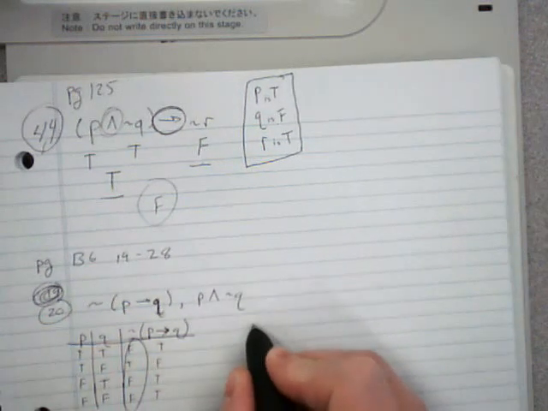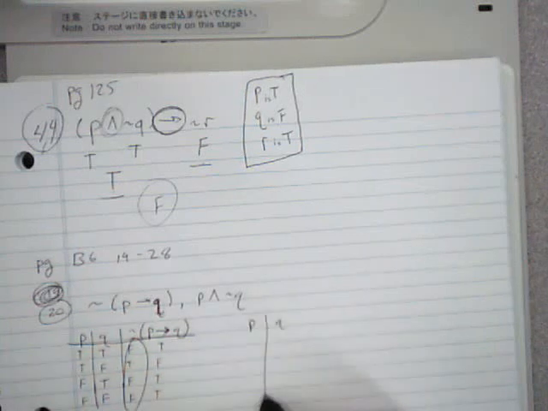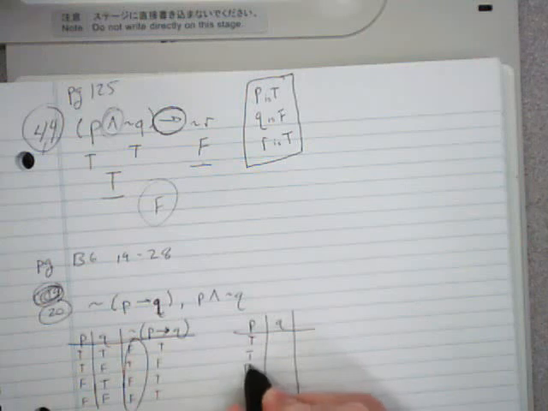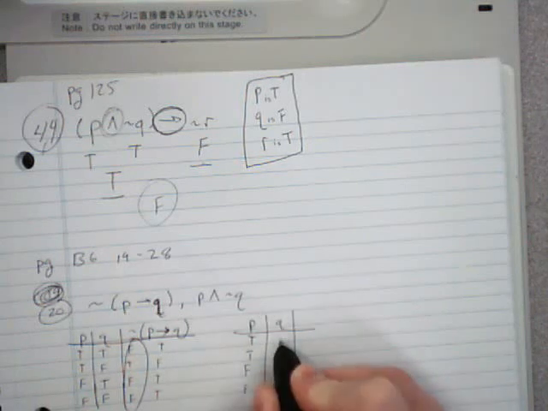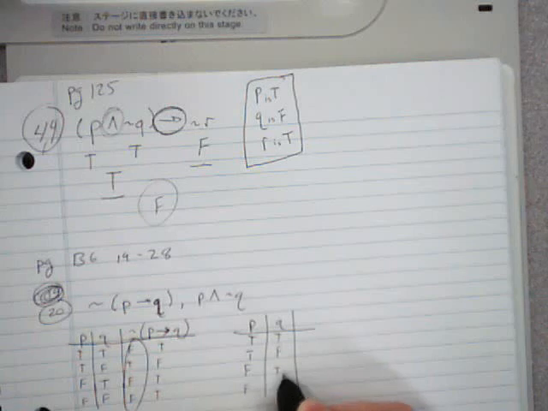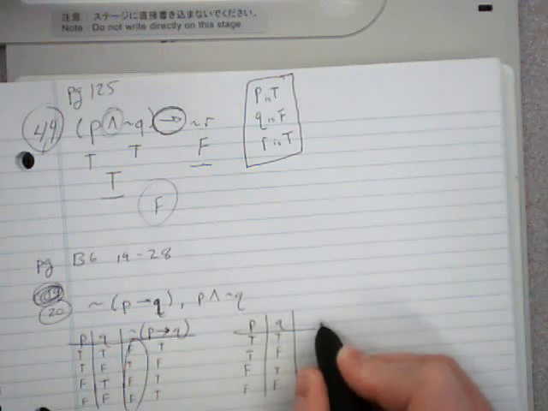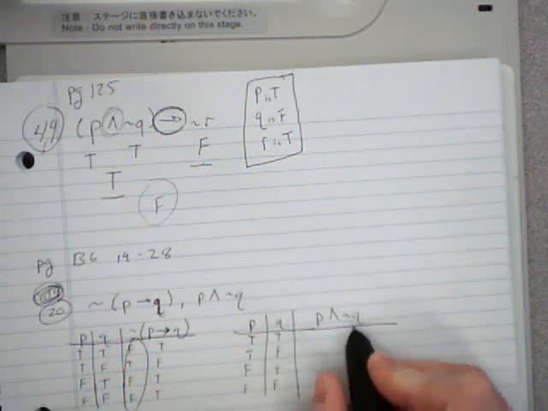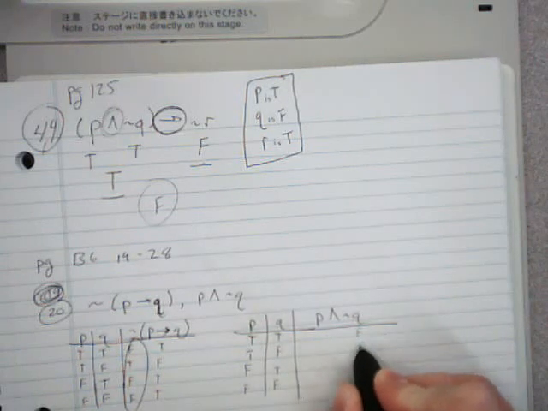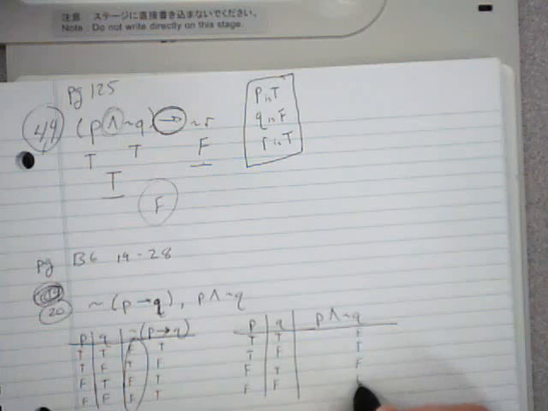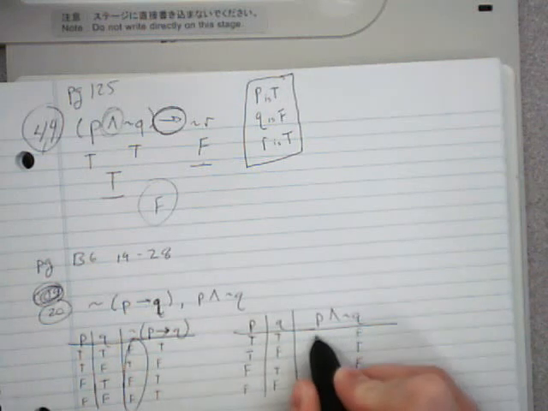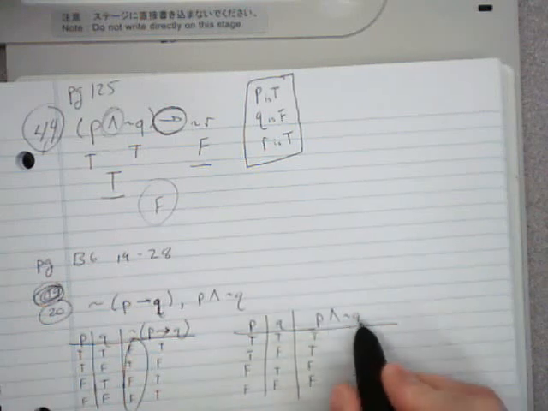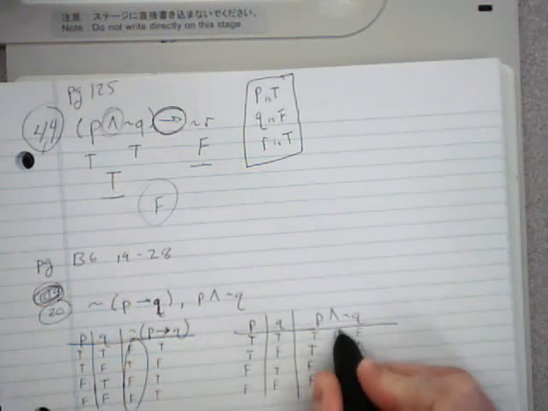Let me come over here and do the other one. So we negate our Q, and we compare that with P. It says that if you get one false, it's false.